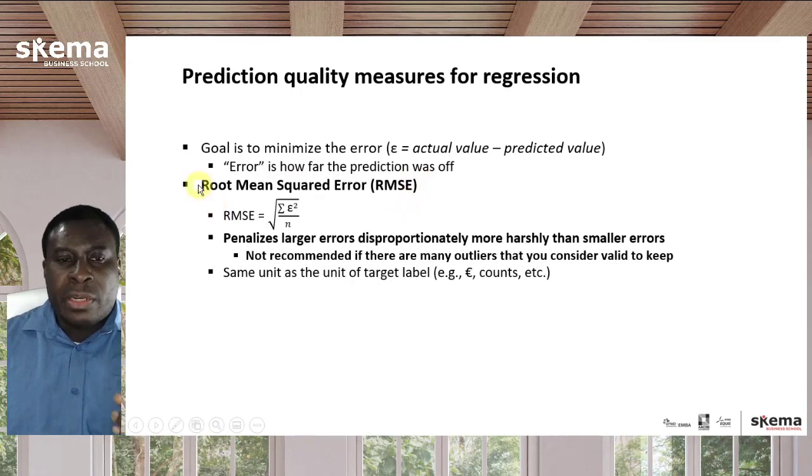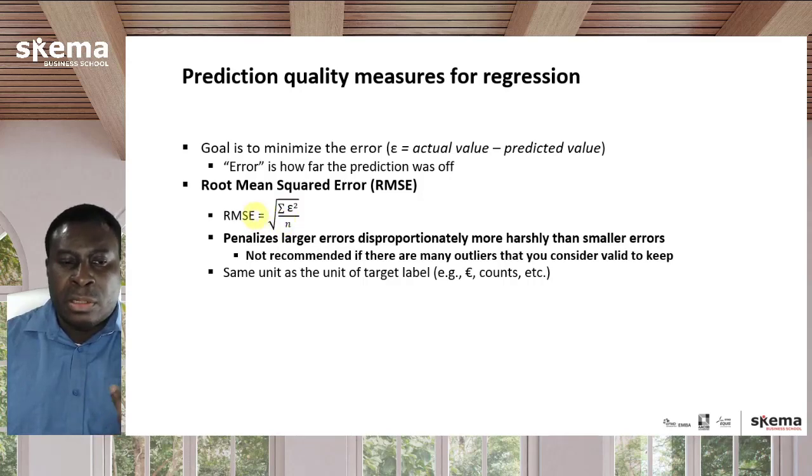The primary statistic used to evaluate prediction quality is the root mean squared error. Mathematically, it takes all the errors, squares each of them, adds all the squares together, takes the average, and takes the square root of that.